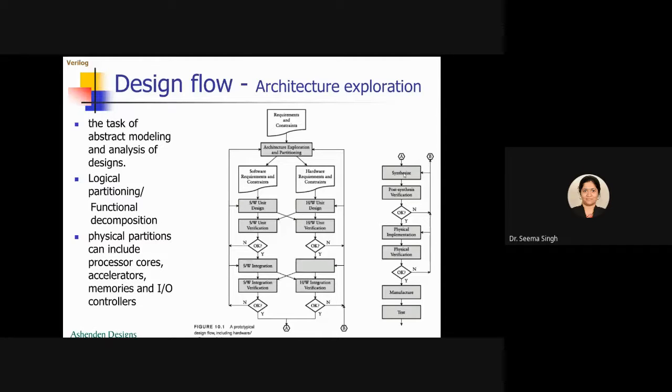Till the synthesis level only, partitioning comes into the picture. After synthesis, both columns of the flow chart come into a single one. You know this already: you synthesize, then post synthesis verification, then physical implementation and physical verification, and finally manufacture and test. This part you have known before also.